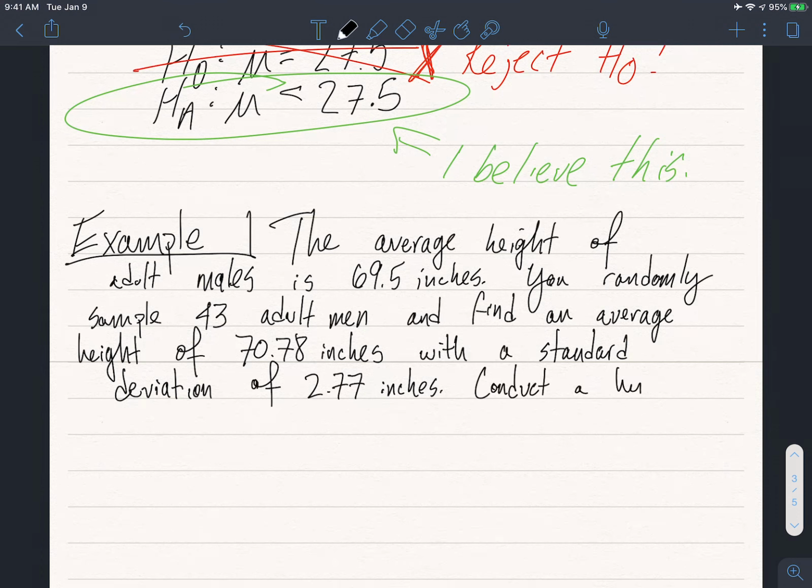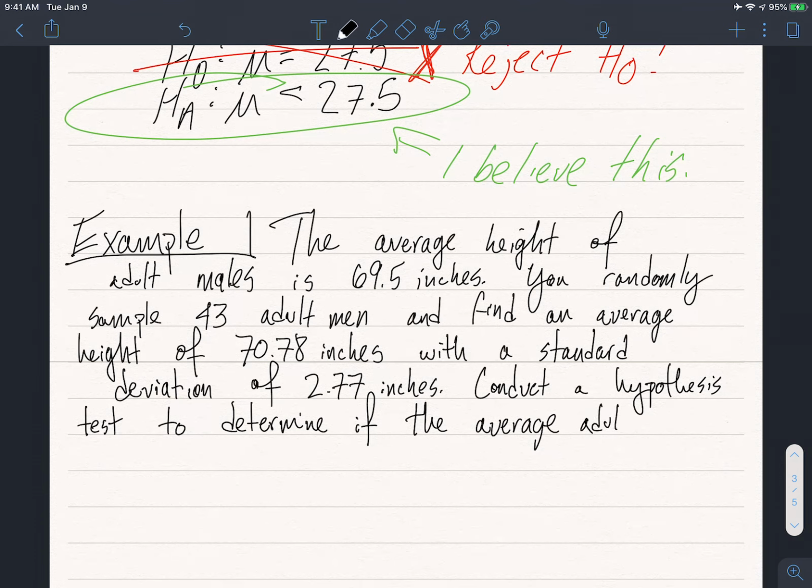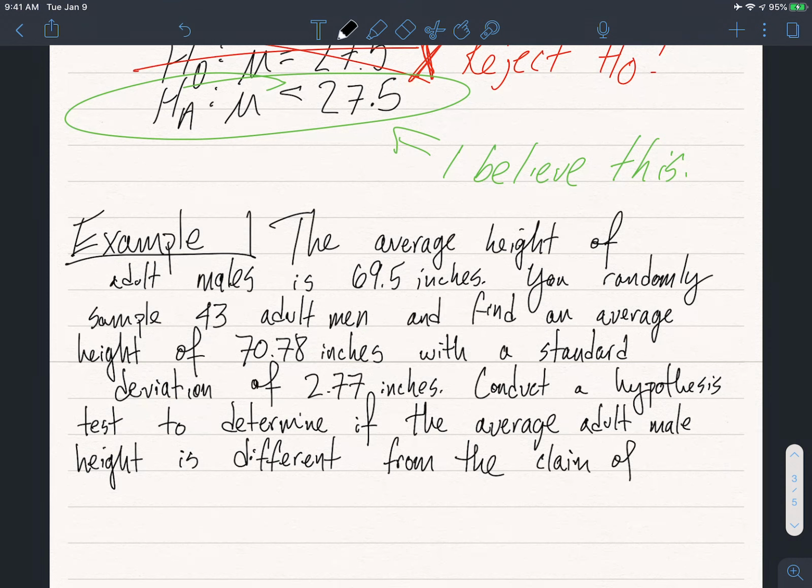Conduct a hypothesis test to determine if the average adult male height is different from the claim of 69.5 inches.